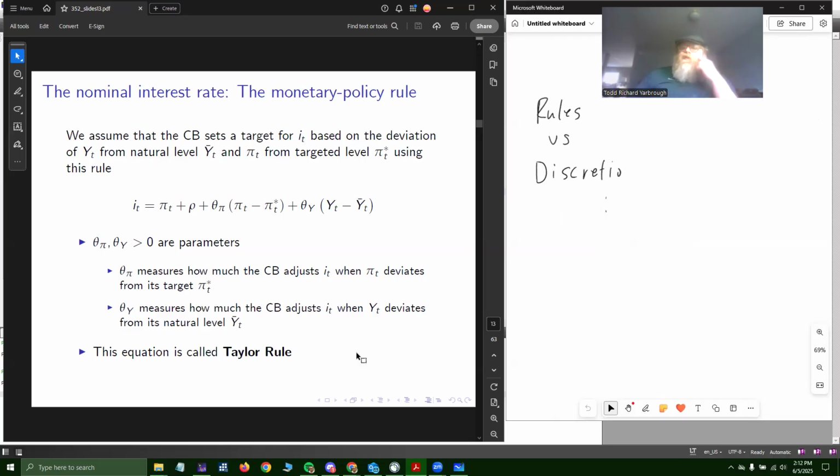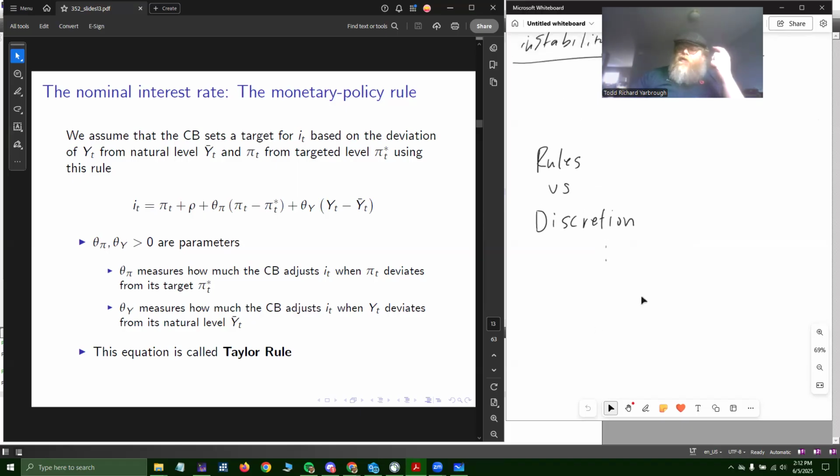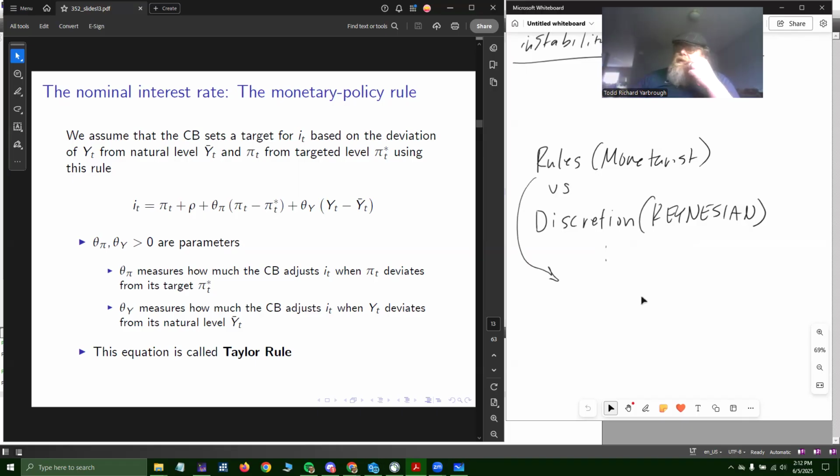And whether or not this is fair, it certainly is what happened. The rules folks tended to be more monetarist, and the discretion folks tended to be more Keynesian. So for whatever reason, it just tended to fall neatly into these two particular camps. The most important rule-based idea came from the economist Taylor.